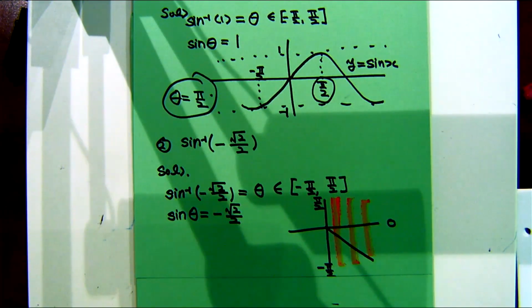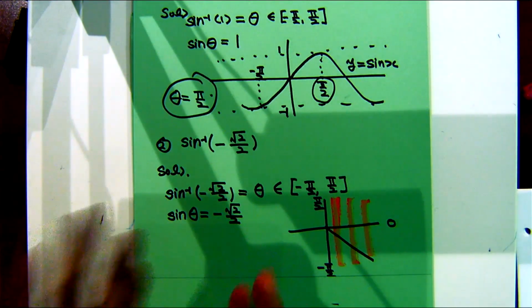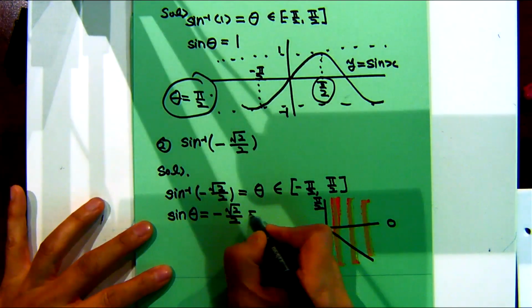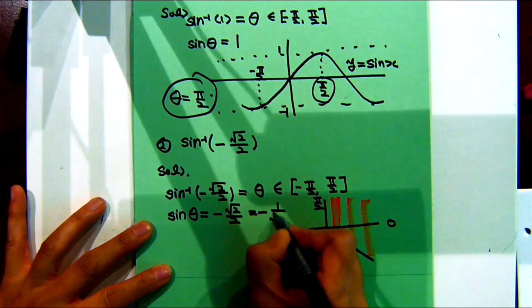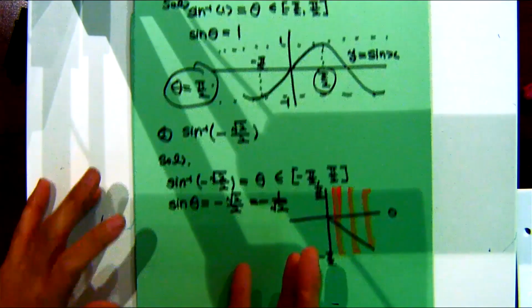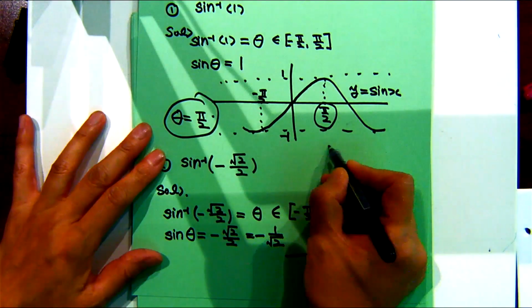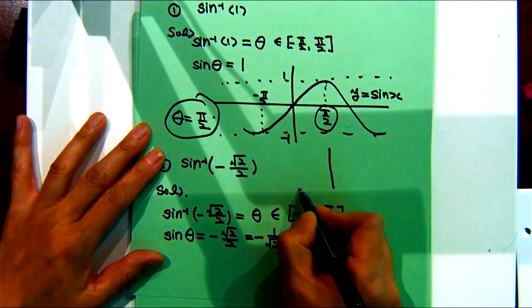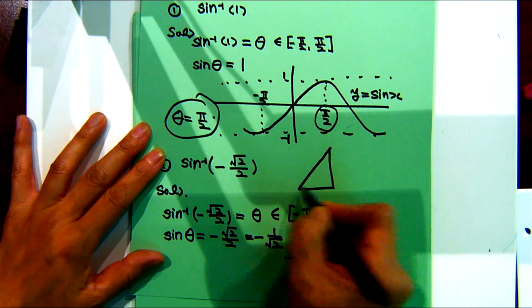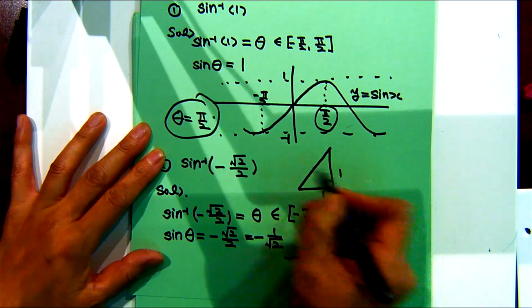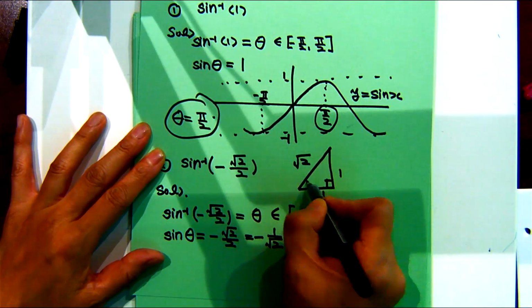The next thing we have to do is figure out the reference angle. How can we do this? We already know that this value equals negative 1 over square root of 2, because we've been using the reference triangle over and over again. So we know that the reference angle for that is pi over 4, right?